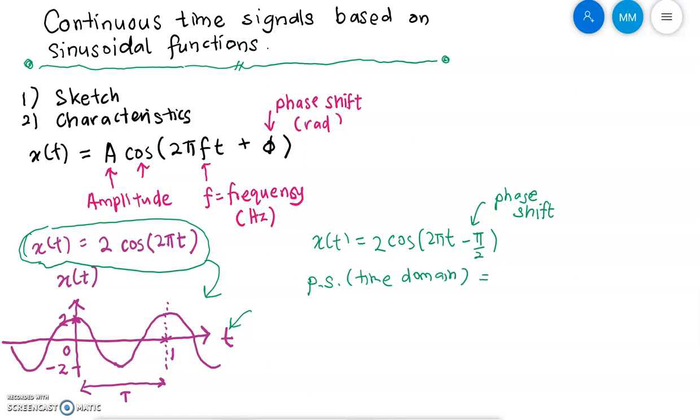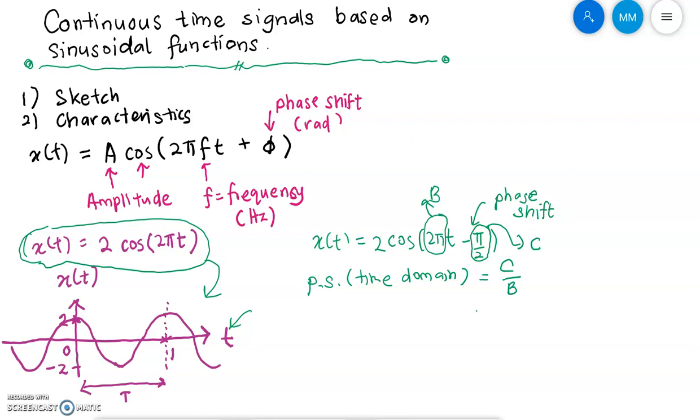is given by the value of, let's say this one I call B, and this value C. So the phase shift in the time domain is given by C over B, right?